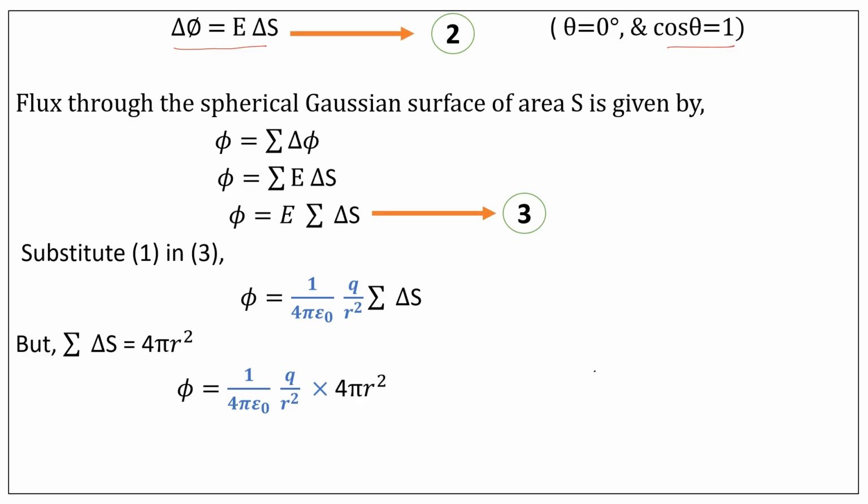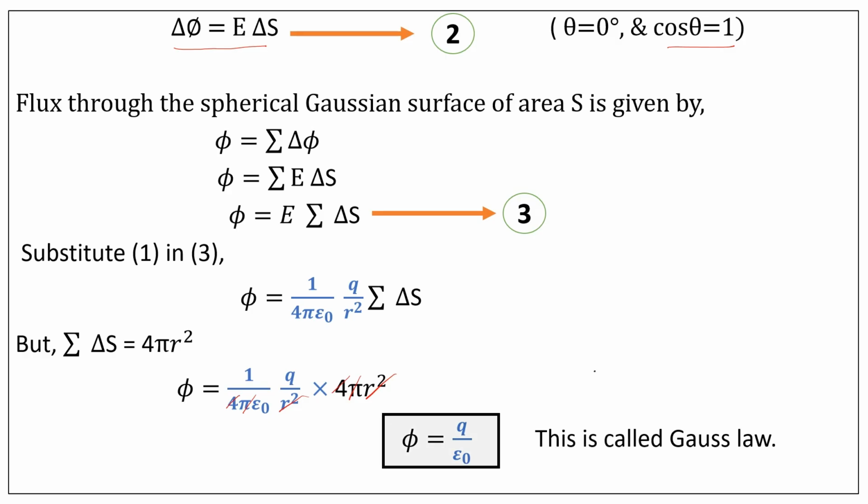Therefore, phi is equal to 1 by 4 pi epsilon naught into Q by r square into 4 pi r square. On cancelling the terms, 4 pi r square from numerator and denominator, we get final equation, that is, phi is equal to Q by epsilon naught. This is called Gauss's law.